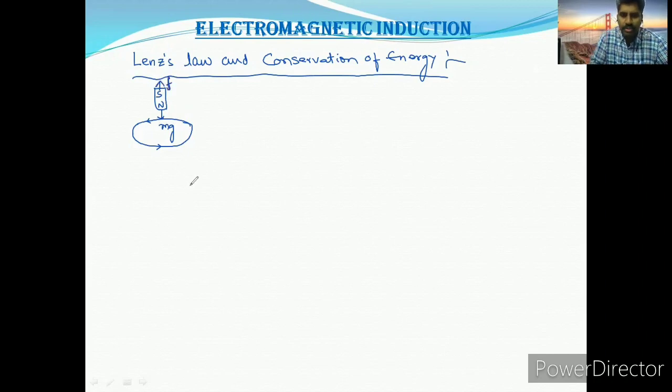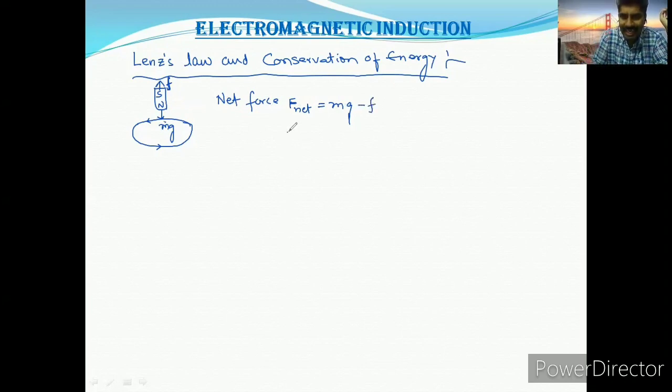From this we can write net force F net is equal to mg downward, minus F, the force exerted upward by the induced magnetic field in that ring on the magnet.